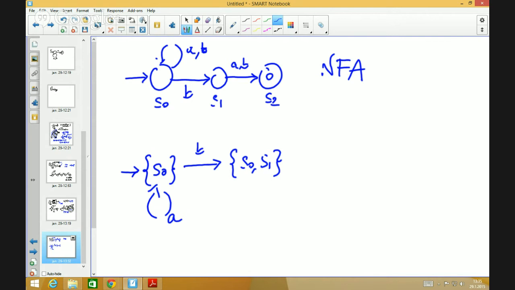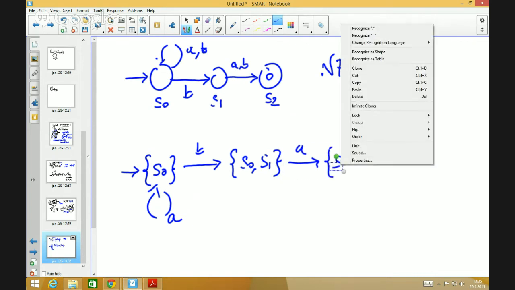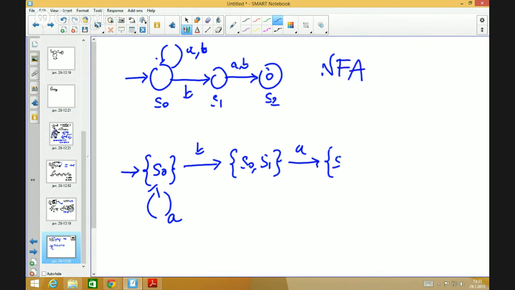So what are these? {S0, S2}. Let me first draw it. So the question is, why S0?